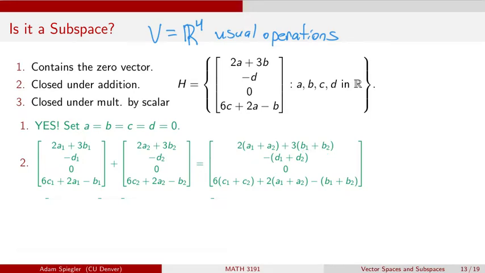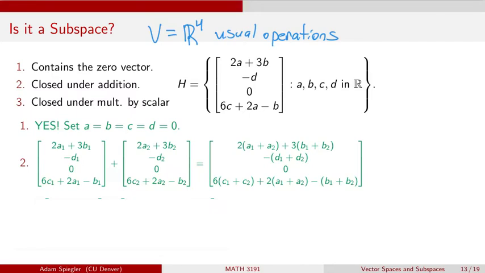And we can do the same with the other entries, and you can verify that what I get is a vector which can be written in the form of our general vectors in subset H. So we can see that if I take any two vectors in H and add them together, the resulting vector is going to be inside of H as well. So that means this is closed under vector addition.